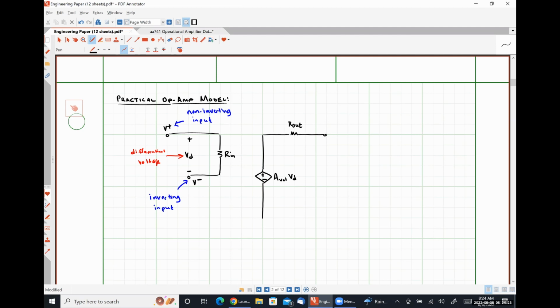And what I'm going to do now is I'm going to give everything here a reference simply by having a bottom node that is grounded.